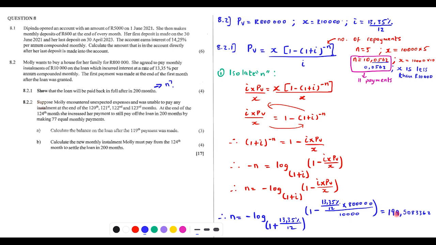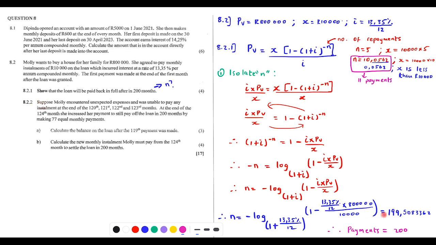But the decimal only shows you that the last payment was less than 10,000 rand. But in total, the payments that were made here were 200, and those 200 payments show you how Molly will settle the loan. So that is the answer that we're getting there.